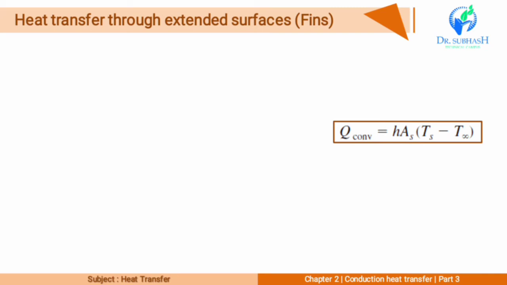There are two ways to increase the rate of heat transfer: increase the convective heat transfer coefficient, or increase the surface area As. Now increasing h may require the installation of a pump or a fan, meaning forced convection, but this way may not be practically possible.